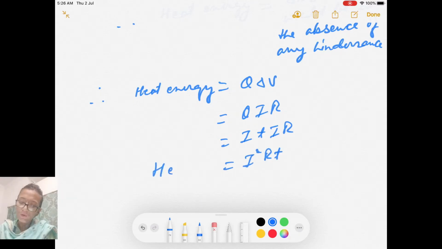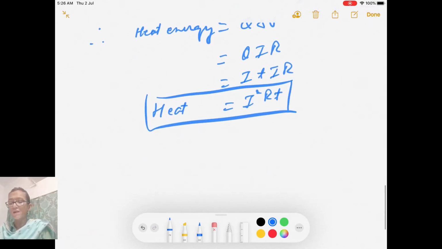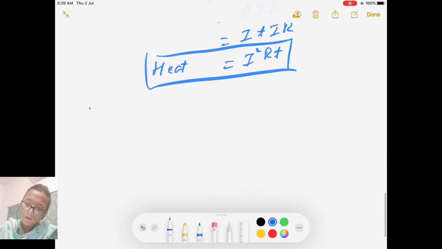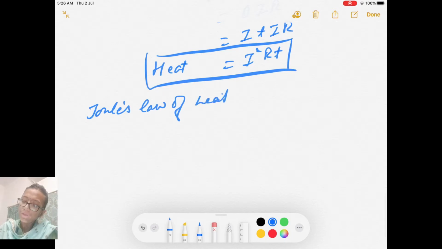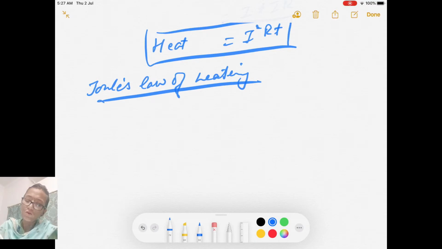Heat evolved is equal to I square RT, and this is called Joule's law of heating.